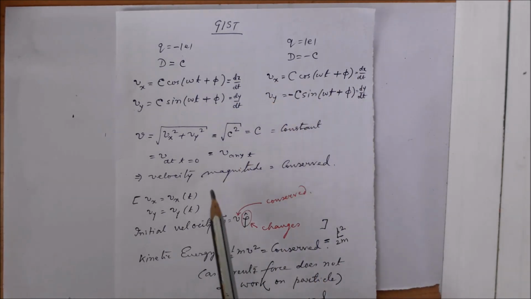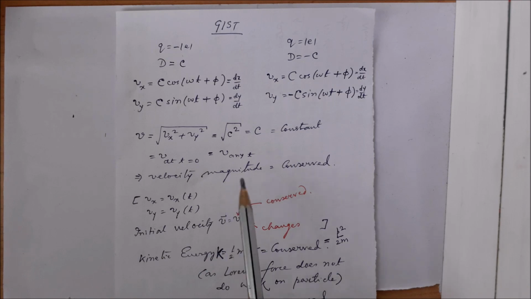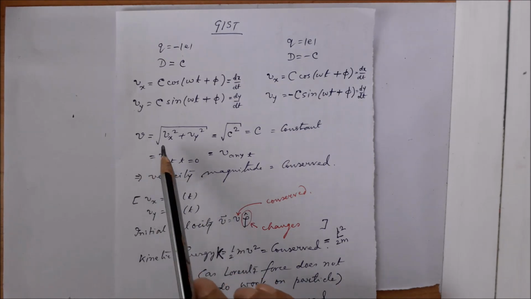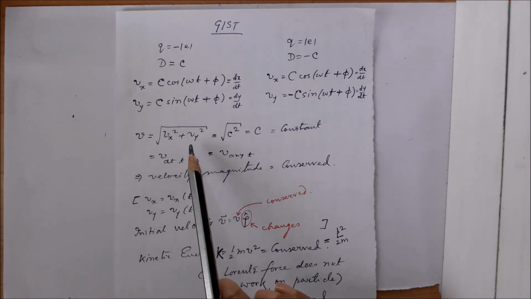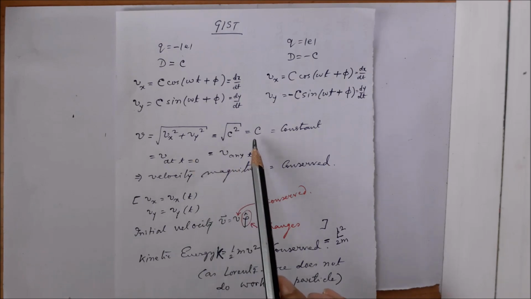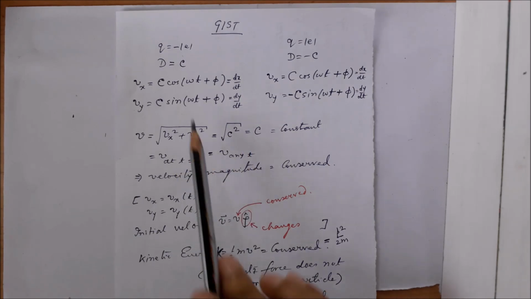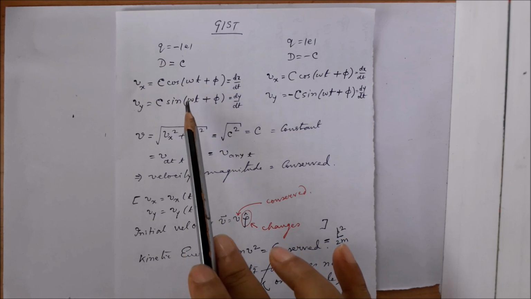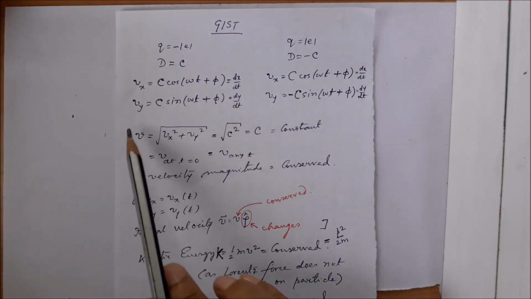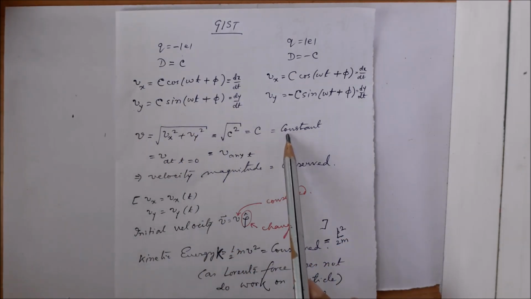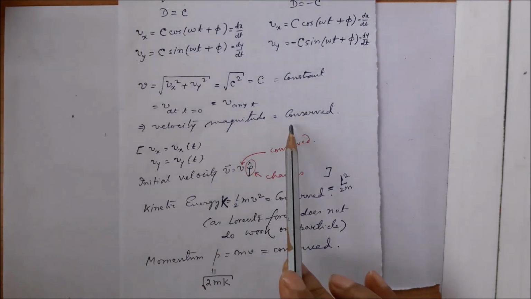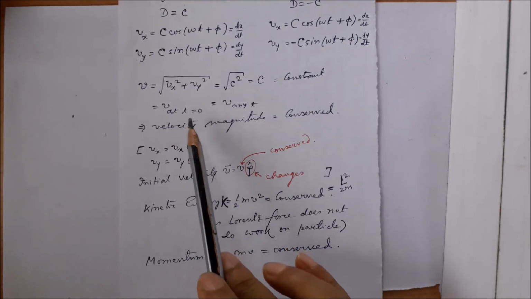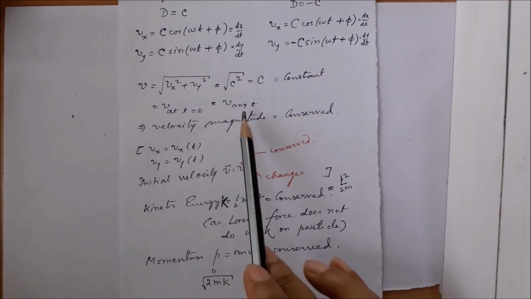Now we are in a position to calculate v, which is under root Vx square plus Vy square, and it gives c, since sine square plus cos square is unity. So we get the value of velocity to be constant, that is velocity magnitude is conserved, same at t equal to 0 as well as at any future t.